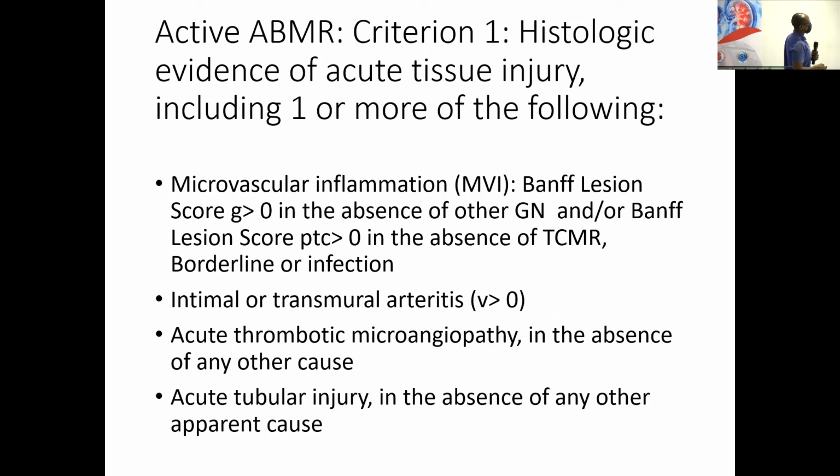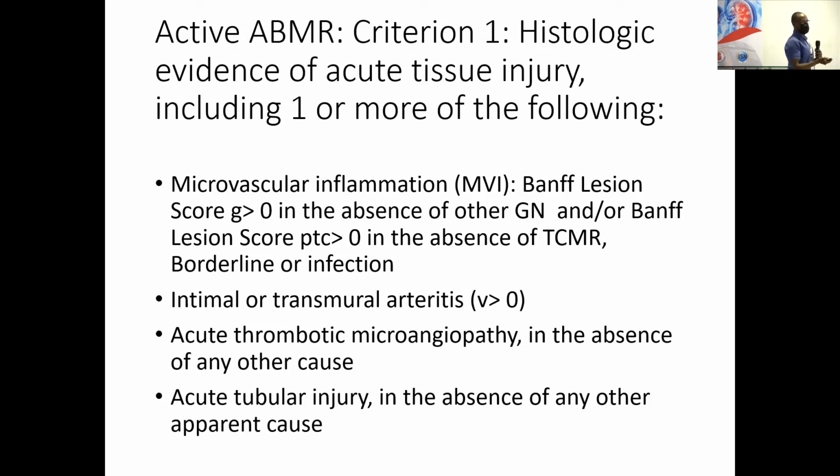These are the features we use to determine whether or not we do have acute tissue injury. So microvascular inflammation, which is glomerulitis and peritubular capillaritis. So in essence, what in a native biopsy we'd say is endocapillary hypercellularity, in a graft biopsy then becomes glomerulitis.